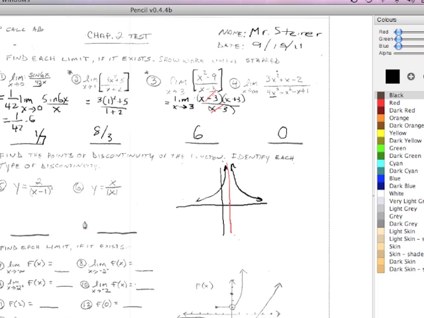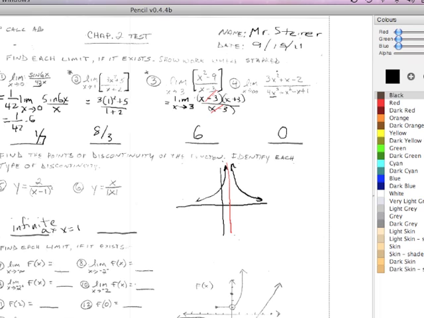You can confirm that by putting in 1.01, 1.001, 1.0001. The denominator is going to get infinitely small, so the function itself is going to get infinitely large, whether we go from the right or the left, and this is an infinite discontinuity at x equals 1.